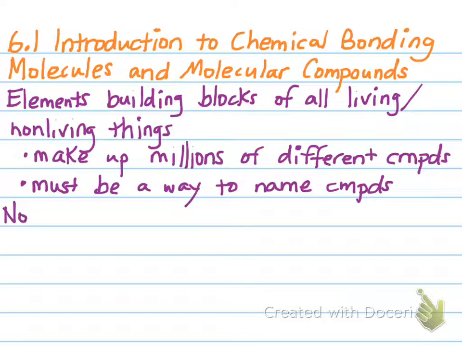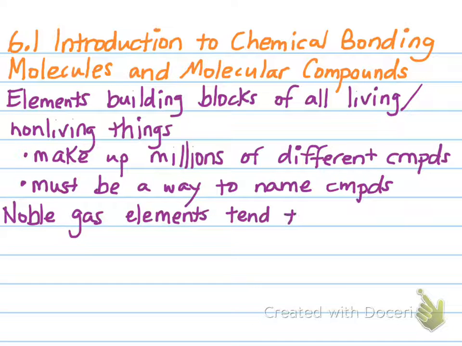Now, kind of remember that our noble gas elements tend to exist alone. What I mean by that is the noble gases, because they have those very stable electron configurations, don't tend to get involved in forming chemical bonds and in chemical reactions.